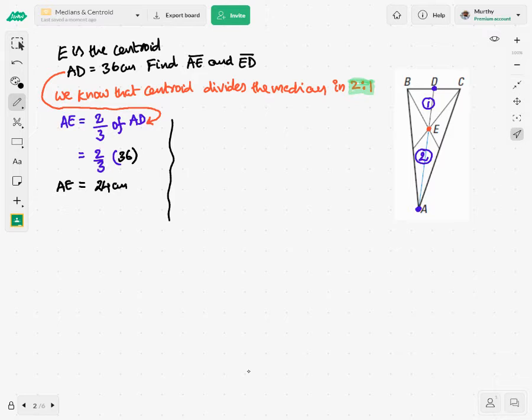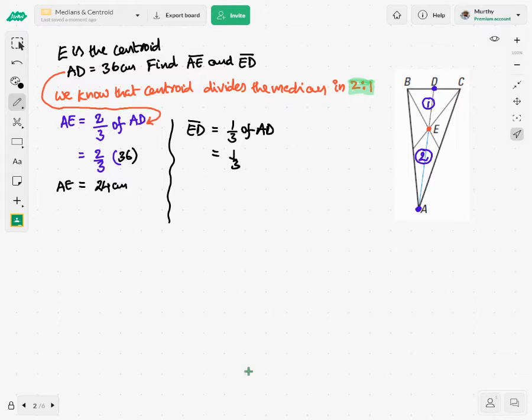Next, on the other side, if you are taking the length of ED, you can see that ED is 1 out of 3. As I told you before, the total is 1 and 2, so total 3 parts are there. So 1 out of 3 parts. So it is 1/3 of the total length AD.